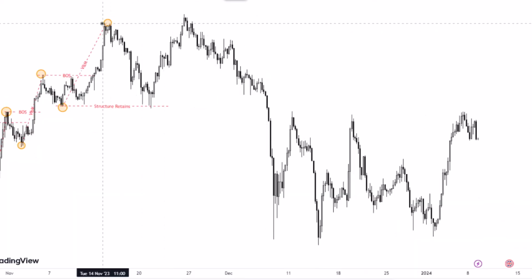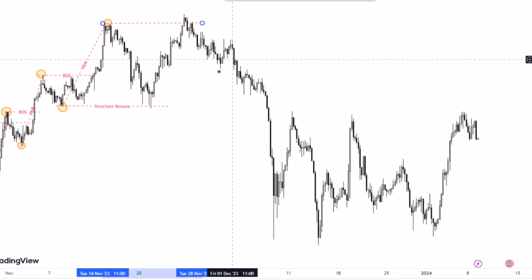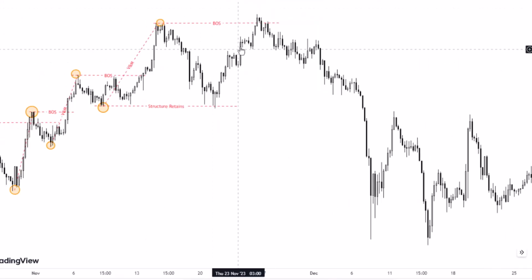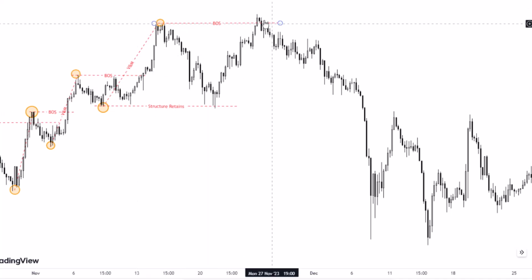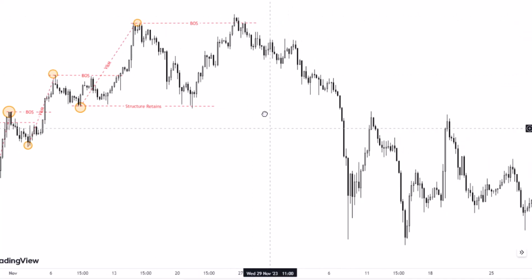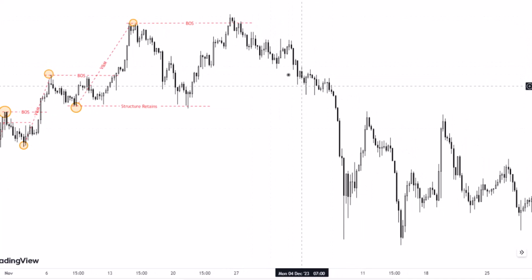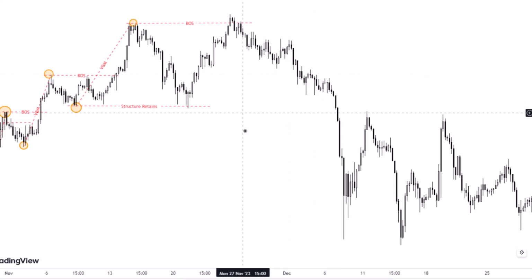Also, at this point, if you notice, structure got broke to the upside. Why? Simply because the 4-hour candle, as you can see, closes fully above our previous structure. Hence we say a break of structure to the upside, and price then retraces. As it retraces, this was a very deep retracement. Take a look.